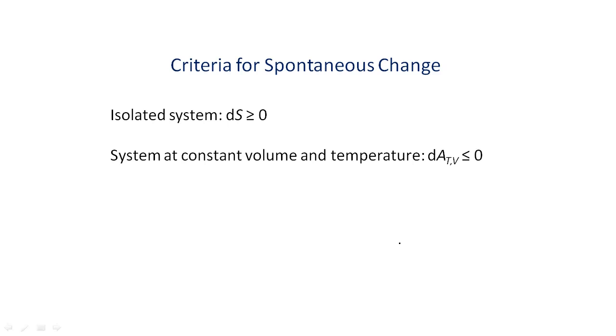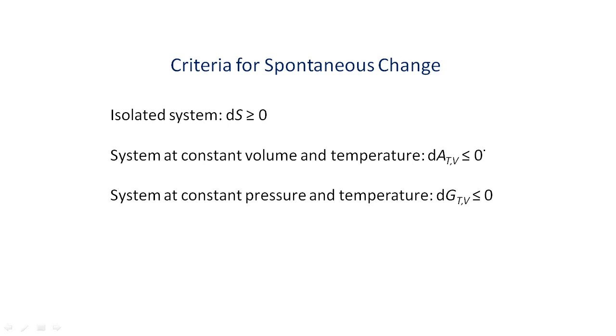For a system at constant volume and temperature, a process will be spontaneous if the change in the Helmholtz free energy is less than or equal to 0. And for a system at constant pressure and temperature, a process will be spontaneous if the change in its Gibbs free energy is less than or equal to 0.